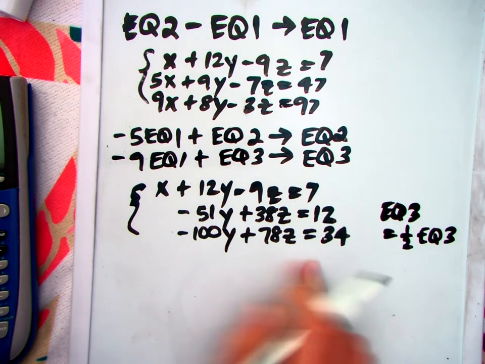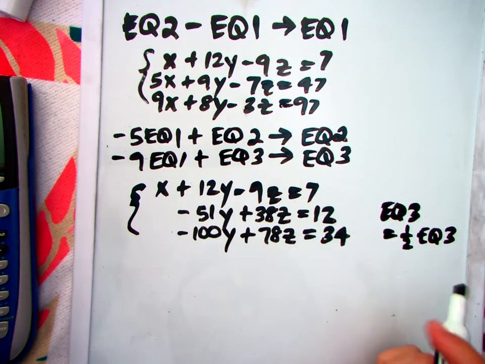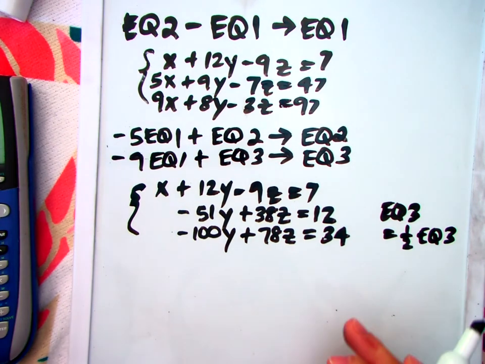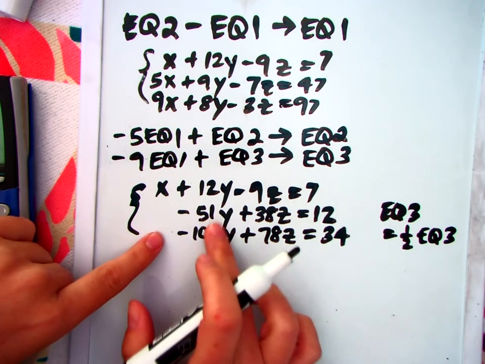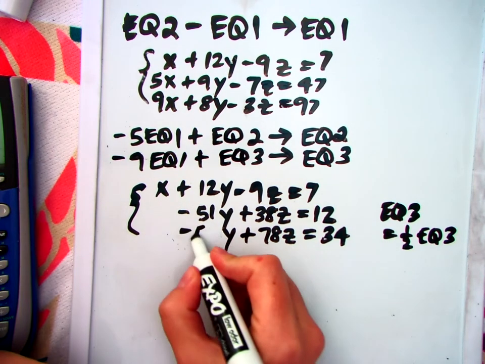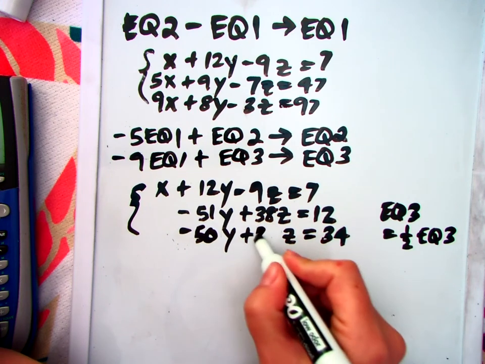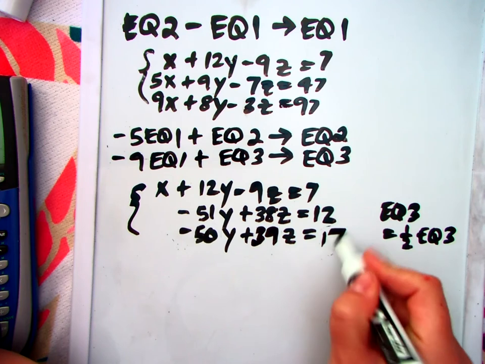All I'm doing is dividing all of the coefficients by 2, or multiplying by 1/2. Remember, that was one of my rules that I'm allowed to do, and this is a prime example of why we could use it. It's not really the most optimum way, but it makes the coefficients easier for us. So negative 100 times 1/2, negative 50. 78 times 1/2, 39. 34 times 1/2 is 17.